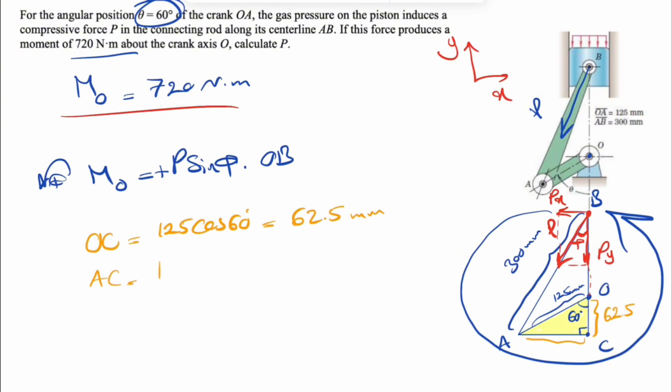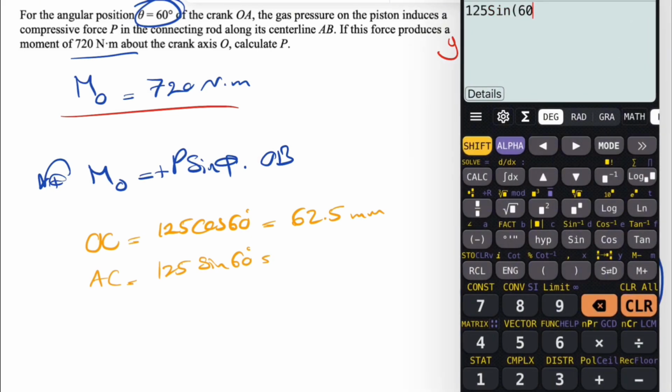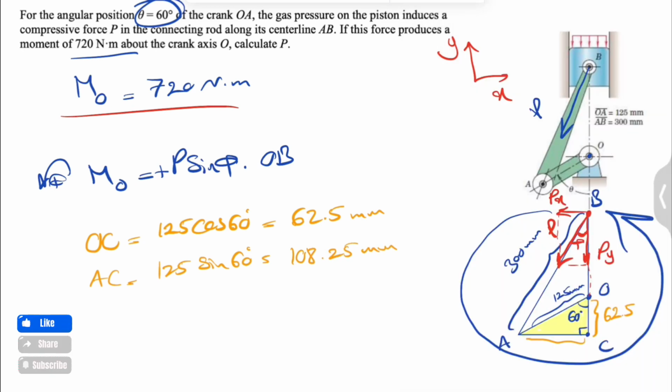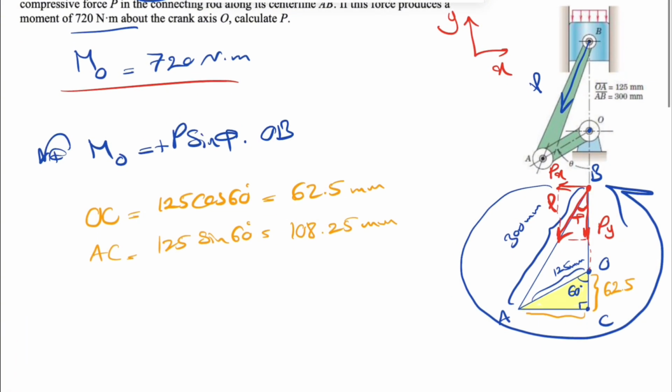And also we can find AC pretty easily. AC would be 125 sine of 60 degrees. So 125 sine of 60 is going to be 108.25 millimeter. Now that we have that, we can easily find our phi because we have the opposite of the phi, which is 108.25, and we also have the hypotenuse of the bigger triangle.